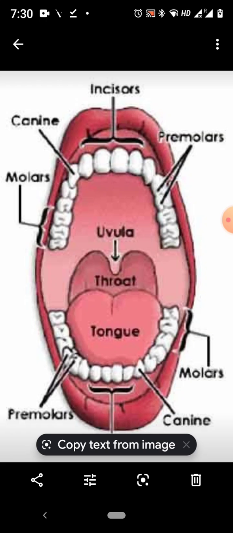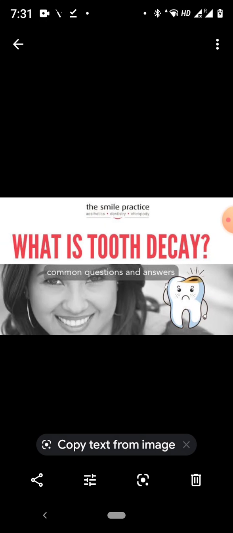So this is how the teeth are in our mouth and what their functions are.